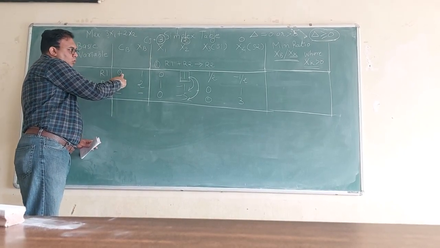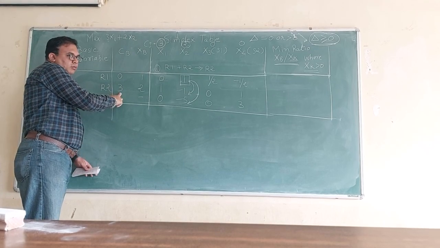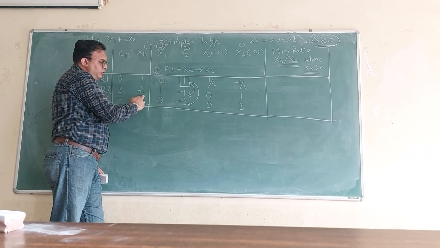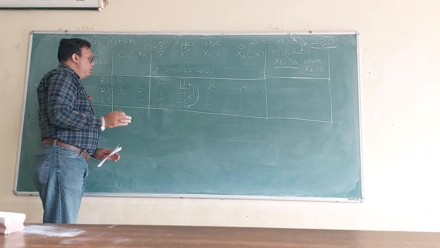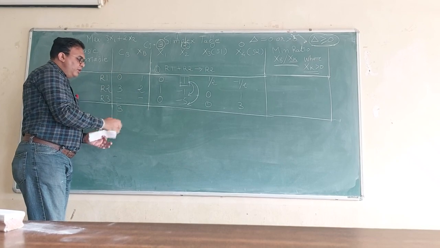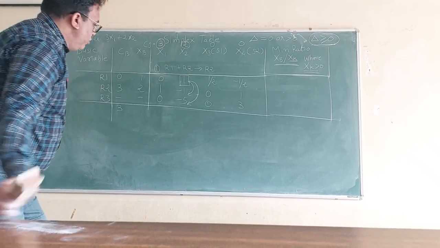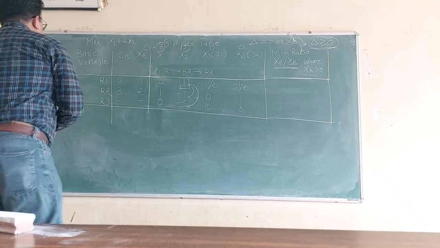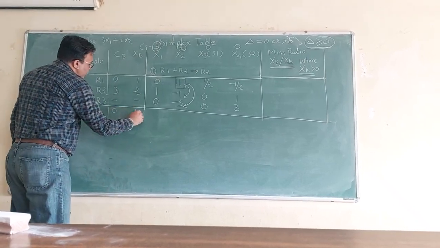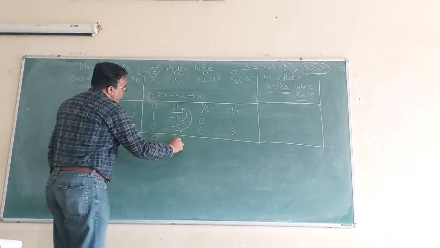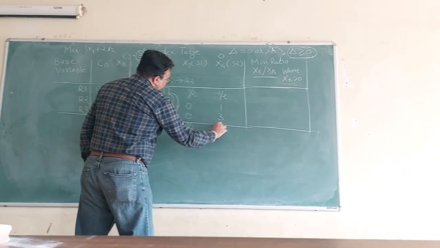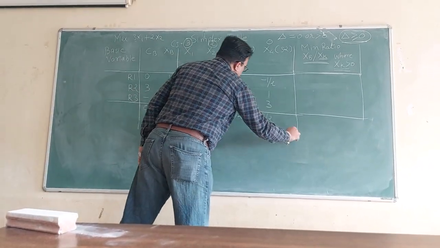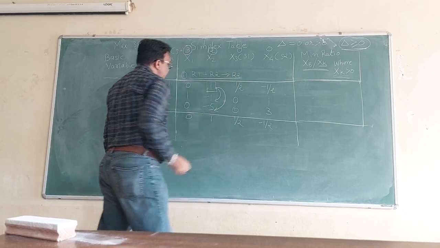0 plus 3, 1 plus 2. Sorry, the first row we have to keep the same. So row 1 remains the same: 0, 1, 0, 1, 1 by 2, minus 1 by 2. The effect which we have to apply is in row number 2 as we wrote over here.